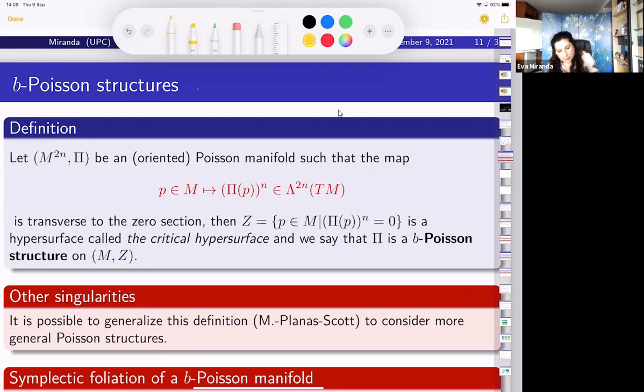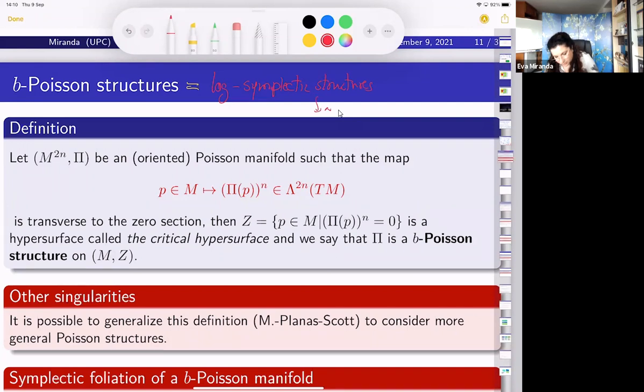A b-Poisson structure is known in the literature by different names. It's also known as log symplectic structure. And why does it have two names? Well, because the origin of log symplectic structures comes from algebraic geometry.